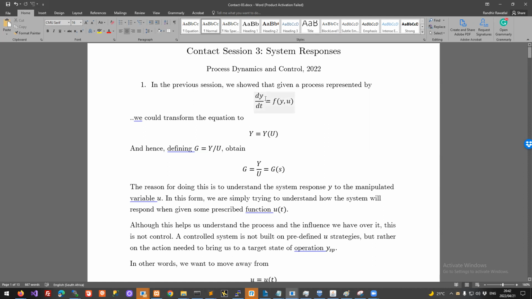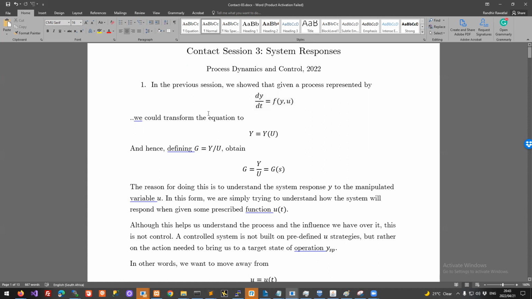And in the context of control, we call that the control variable, so the variable over which we want to implement control. And then the manipulated variable u, that is the variable that we are going to use to control our values of y. So we are now trying to understand the relationship between y and u.